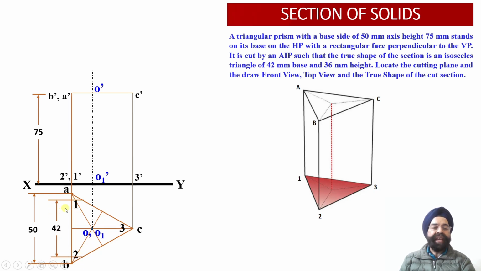That is, we have to locate the base equal to 42 millimeter in such a way that from the center of symmetry of this triangular prism, we have to locate a distance of 21 millimeter on this side and on this side.